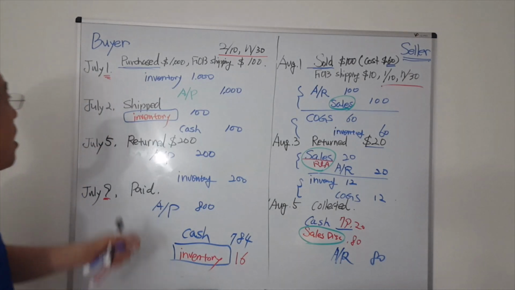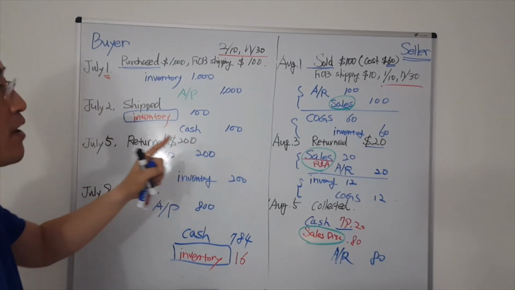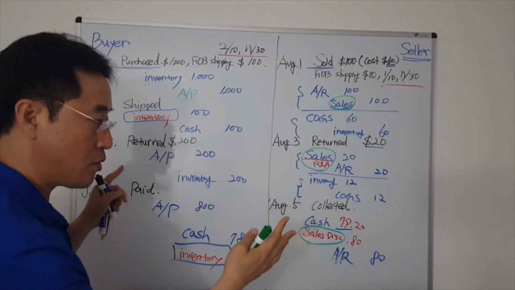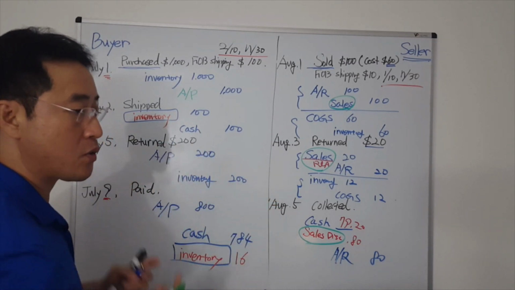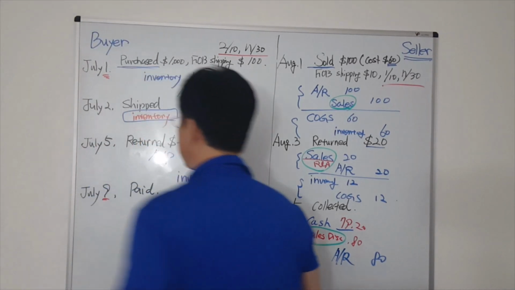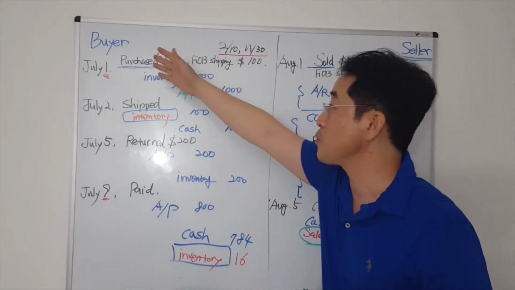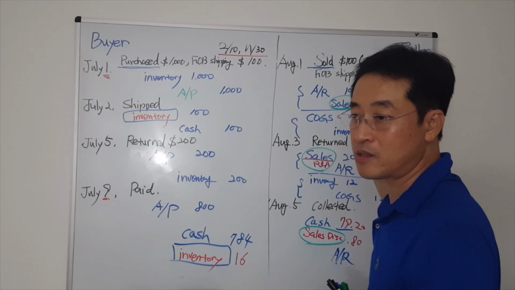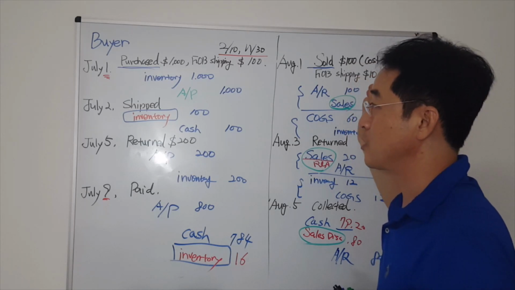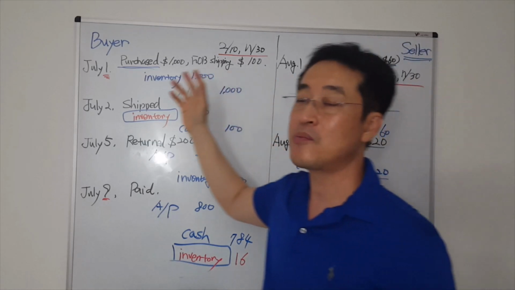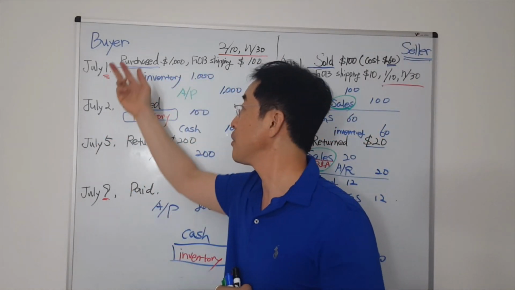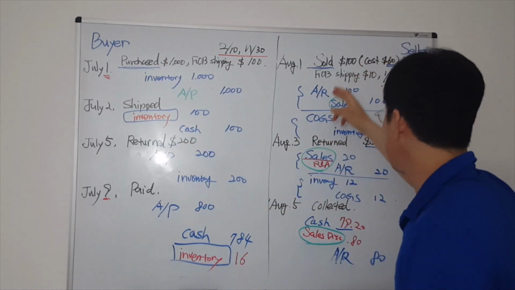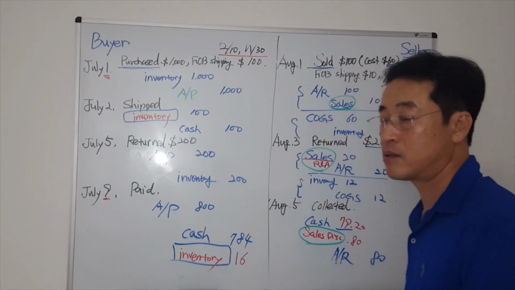So that's the perpetual inventory system, buyer's point of view, seller's point of view, journal entries. That's how we record. That's me, same thing. Because of the nature of the merchandising industry, I have to change my point of view: when I purchase, I'm a buyer; when I sell, I'm a seller.